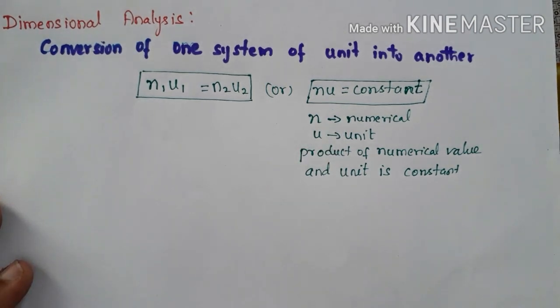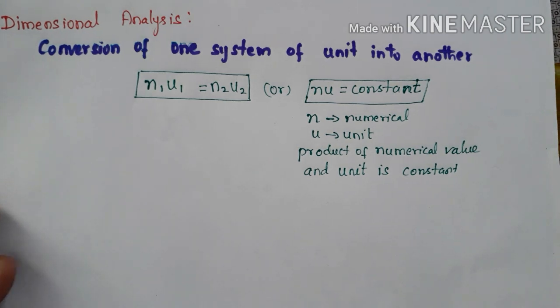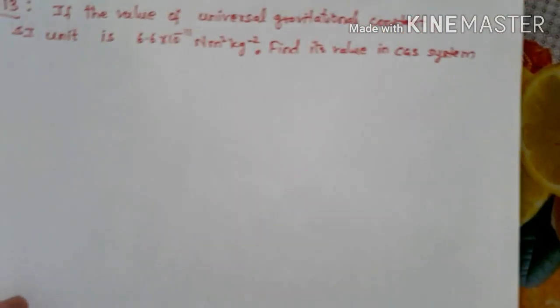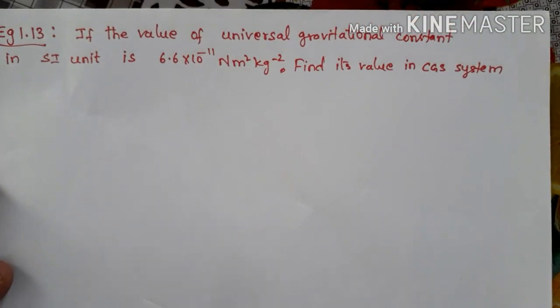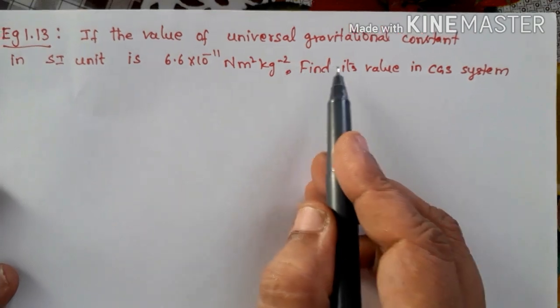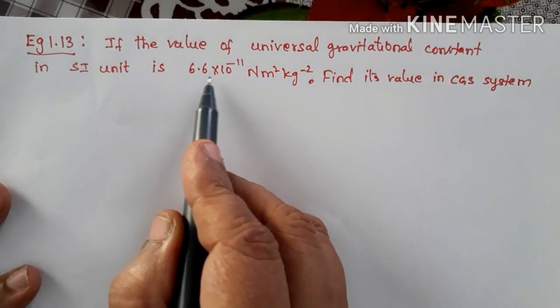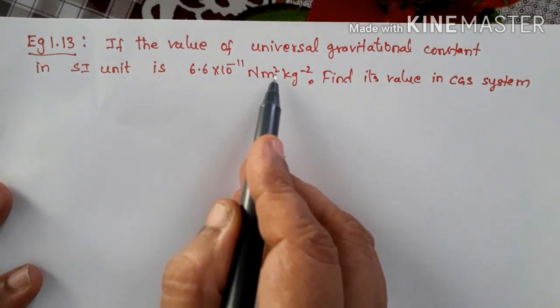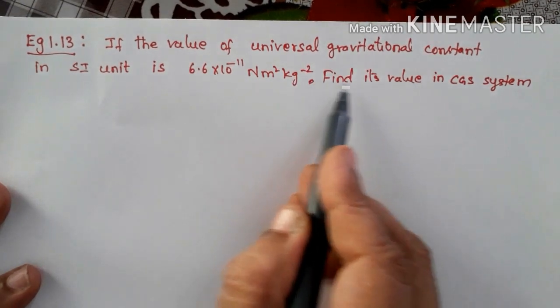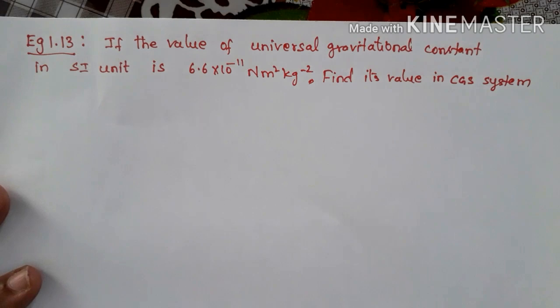Now I'll help you do a problem so that you can understand how to convert one system of unit into another. Okay, now you read the question. If the value of universal gravitational constant in SI unit is 6.6 into 10 power minus 11 newton meter square kilogram power minus 2, find its value in CGS system.